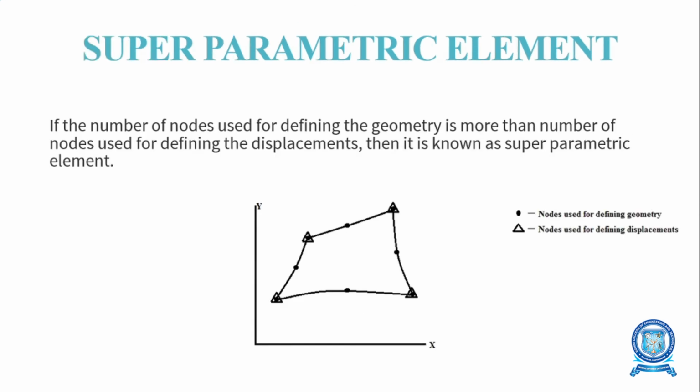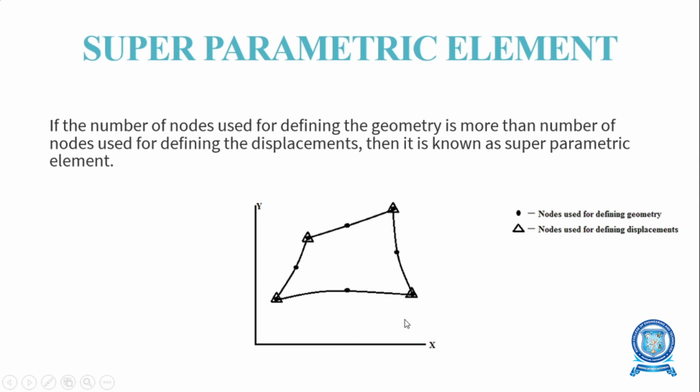Superparametric element. What is a superparametric element? Here we are going to check how many nodes define the geometry and how many define the displacements. First the geometry: 1, 2, 3, 4, 5, 6, 7, 8. 8 nodes define the geometry, and how many define the displacements? 1, 2, 3, 4.